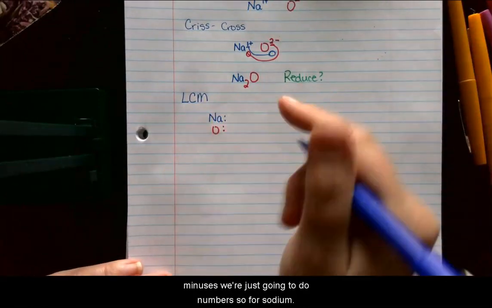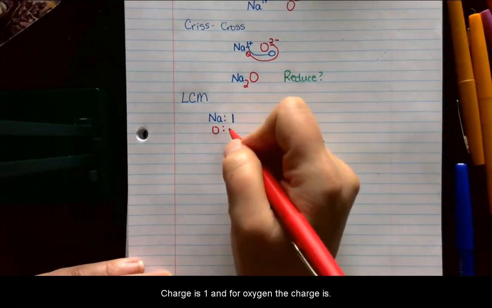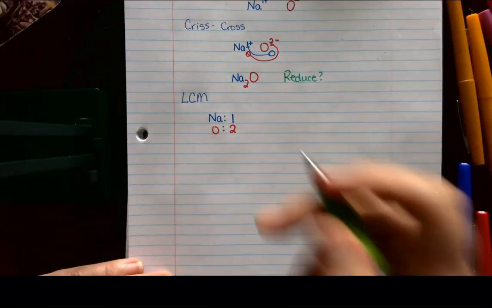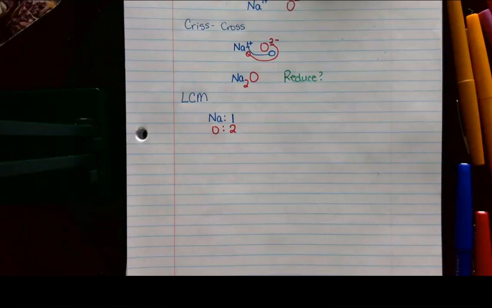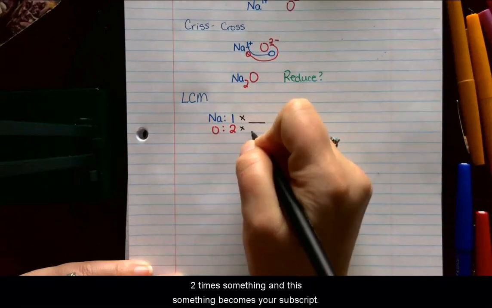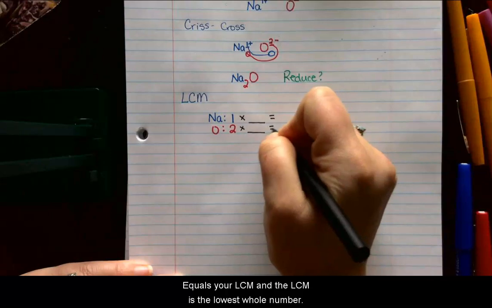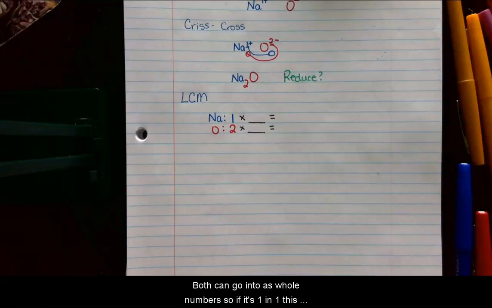So for sodium, the charge is 1, and for oxygen, the charge is 2. In this first column, you always put the charge, and you're going to make an equation out of it. 1 times something, and this something becomes your subscript, and 2 times something, and this something becomes your subscript, equals your LCM. And the LCM is the lowest whole number that both can go into as whole numbers.